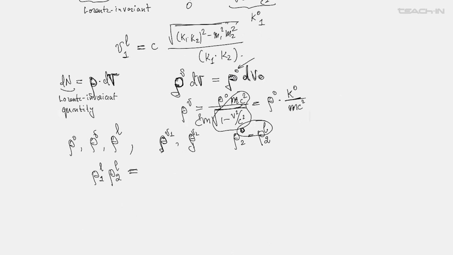So we can write rho 1 divided by square root 1 minus V1 laboratory squared over c squared.